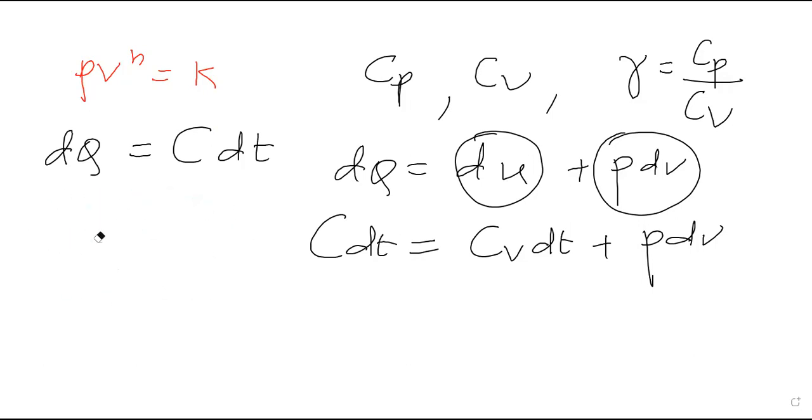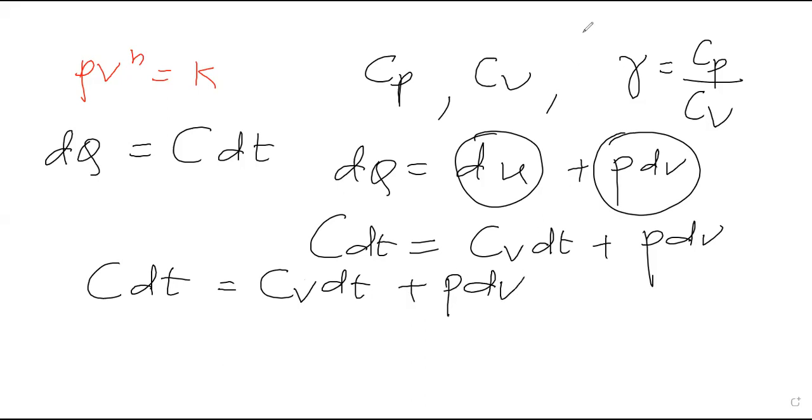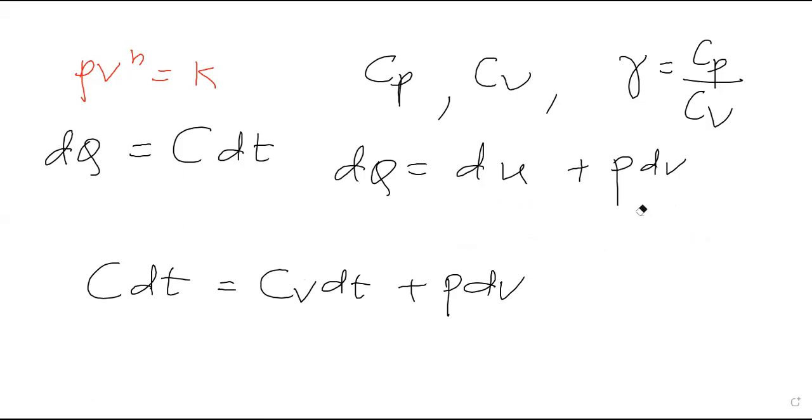So all what we have is C dT = Cv dT, which is the increase in the internal energy of the system, plus PdV, the external work. If I have to find the net heat supplied, I'll have to integrate this.